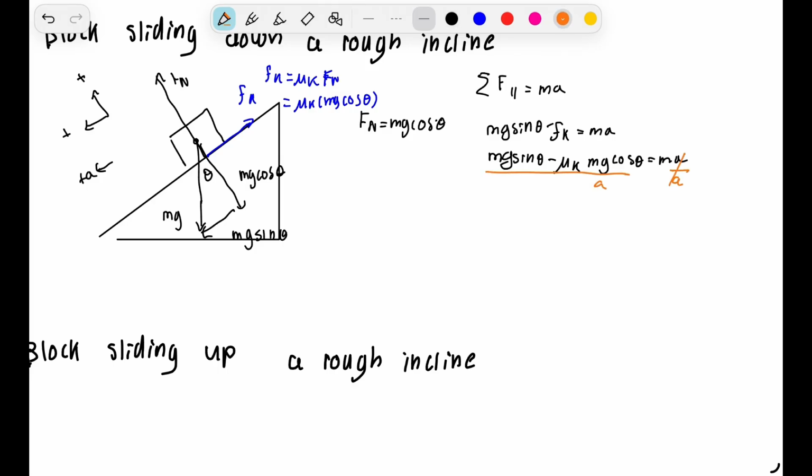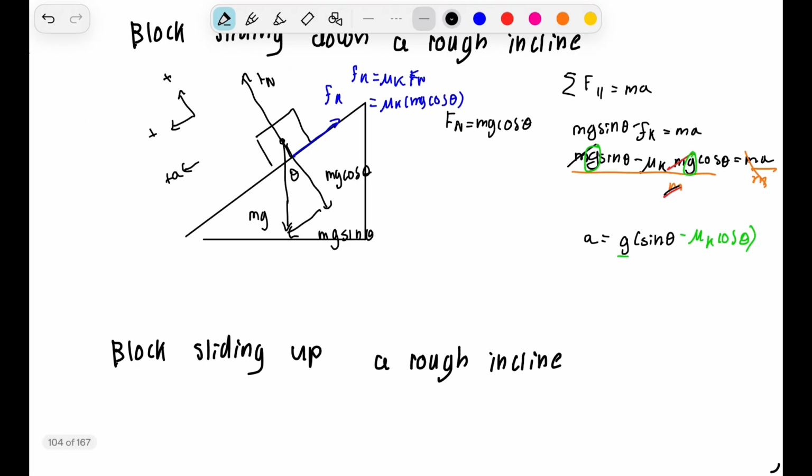Let's divide by m. So that cancels out, and this cancels out. You can also factor out one of these g's. So gravity is pulling down the incline while friction points up the incline.